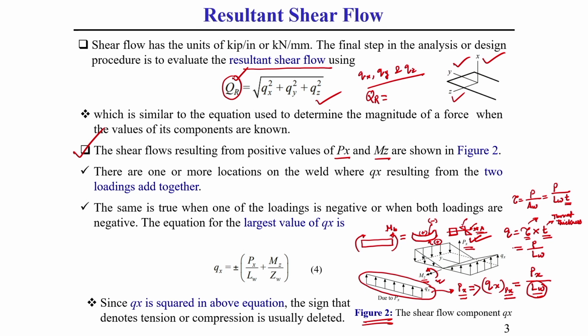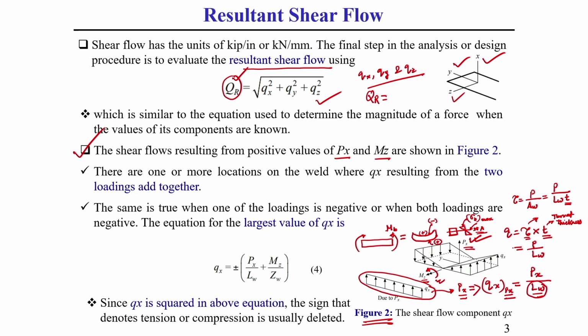The maximum bending stress comes at the outer fiber or outer layer of this cross section, and it is 0 at the neutral or centroidal axis. This is sigma b max, correct.